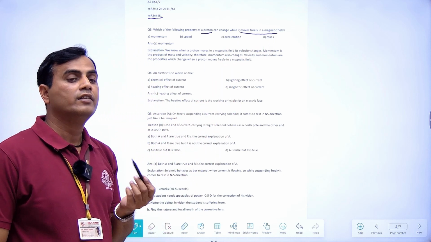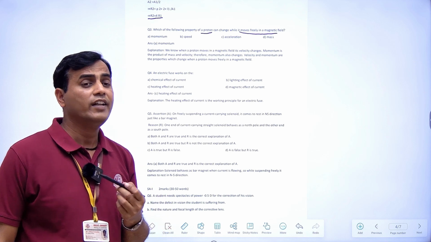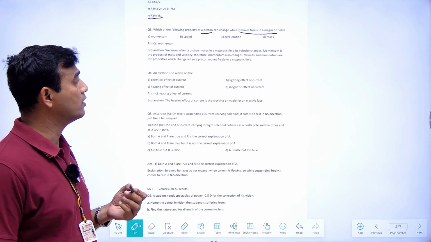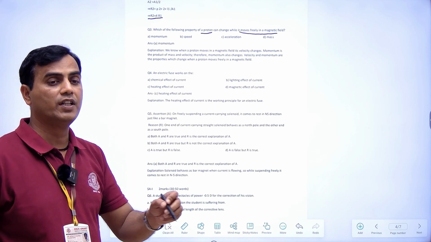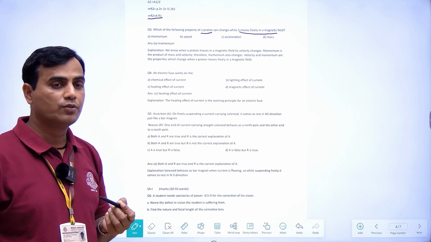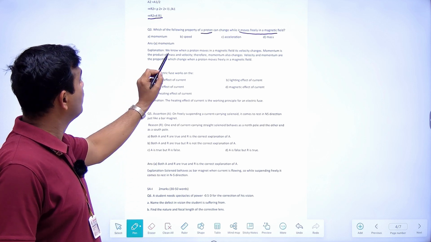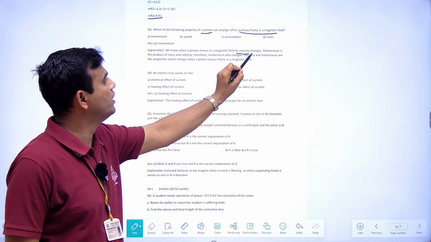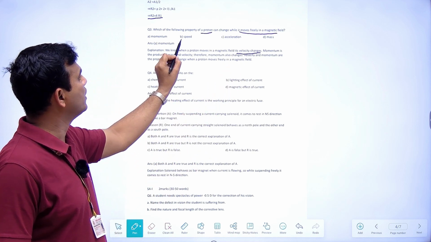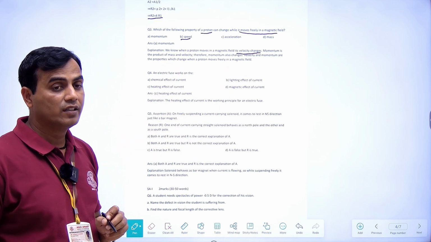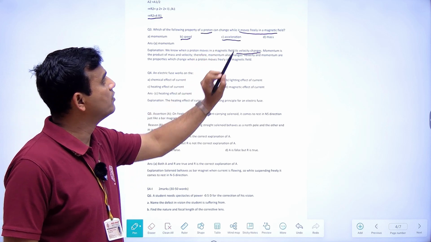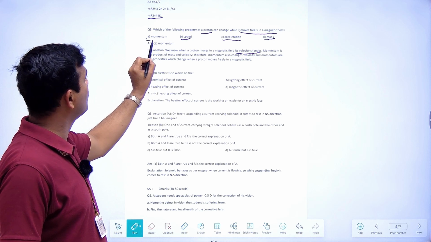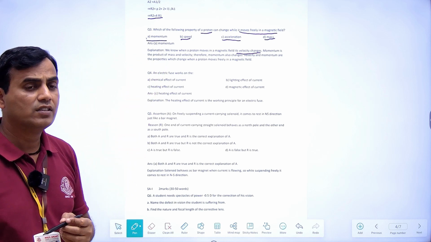So it experiences a magnetic force, which moves it in a circular direction. We know when a proton moves in a magnetic field, its velocity changes. So here we can't say speed, we can't say acceleration, and not mass.